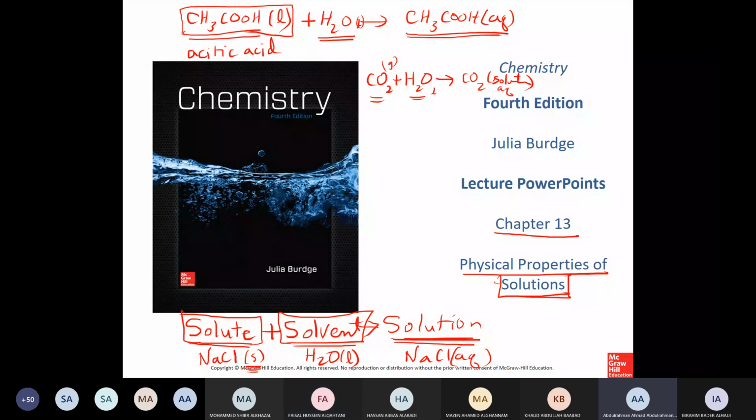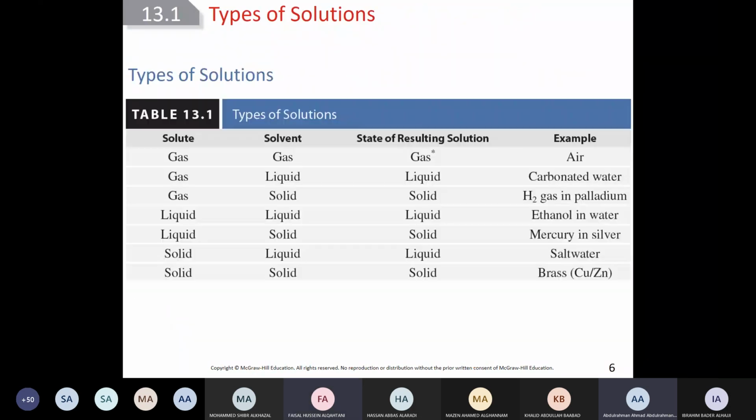So again, in this case, the water is the solvent, CO2 is the solute, and CO2 in water is an aqueous solution. All of these are possible. I want you to memorize solute, solvent, and solution.